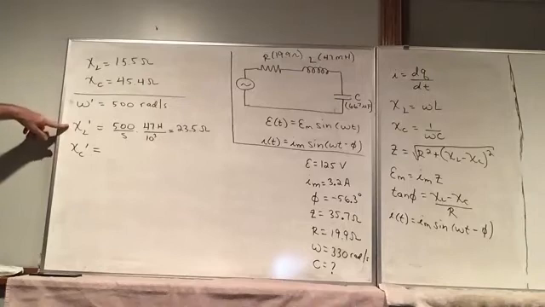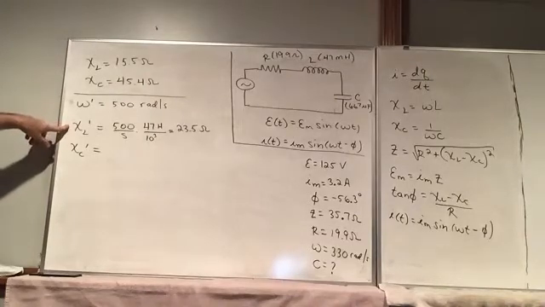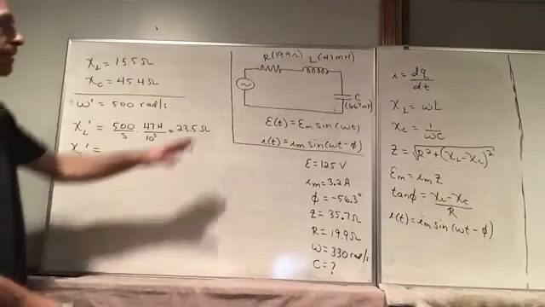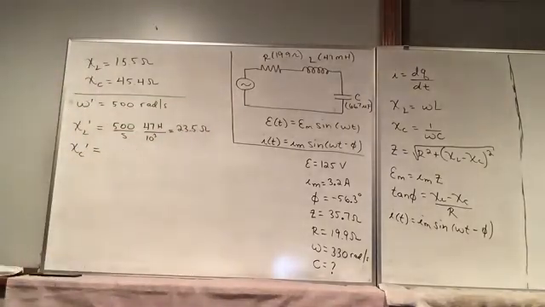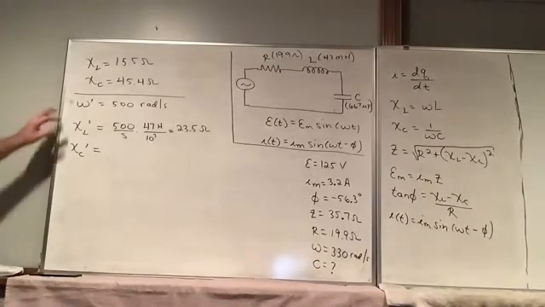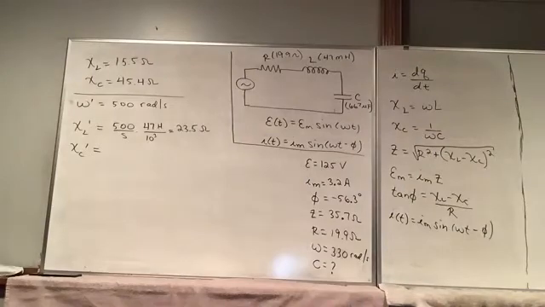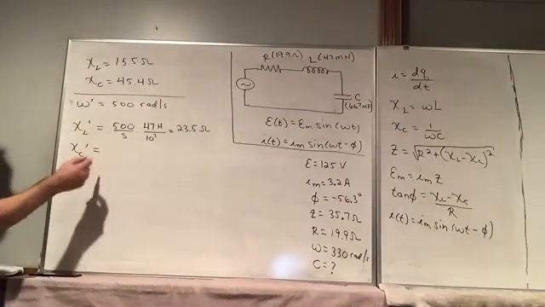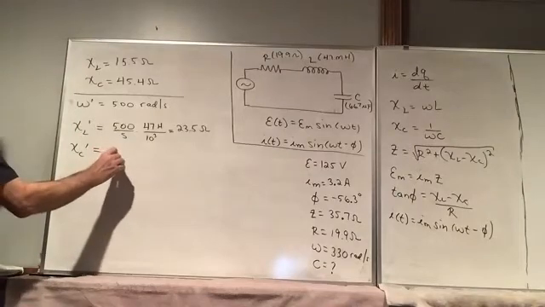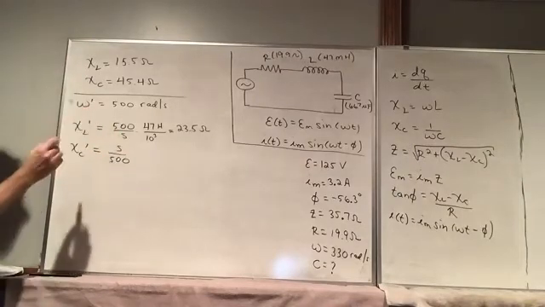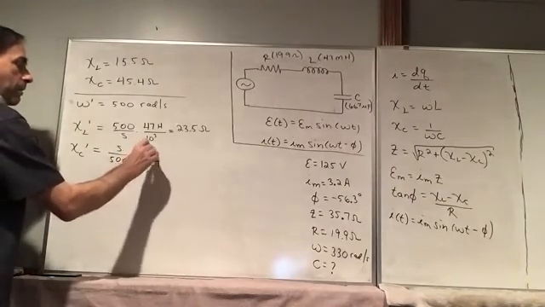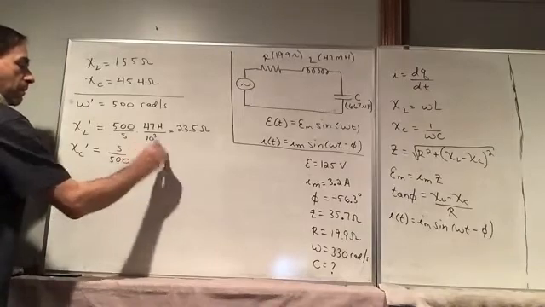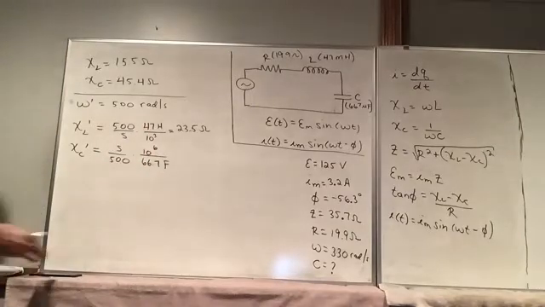So you can see that the inductive reactance increased. The power supply is working faster. It's trying to change the current more rapidly, and the inductor is saying no to that. It's going to resist that more. Now the capacitor will be happy with the situation. 1 over omega times 66.7 microfarads, so we have 10 to the 6.